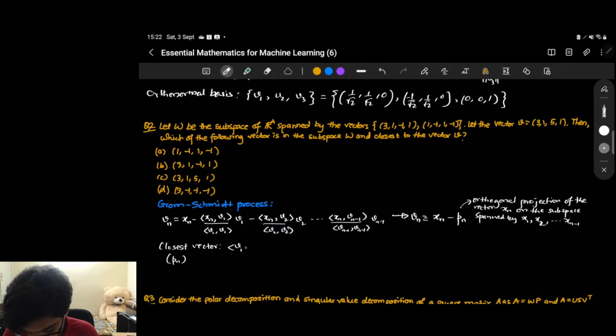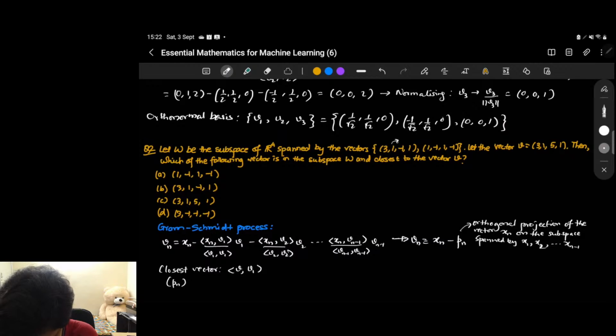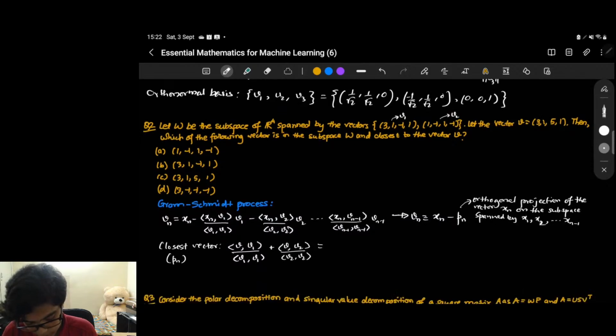So it is V1, sorry, not V. So this is the dot product of the V that we are given with V1. So let this be V1 and let this be V2. So this is the thing.